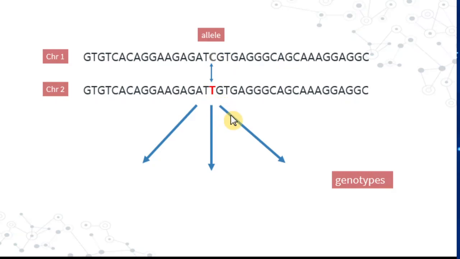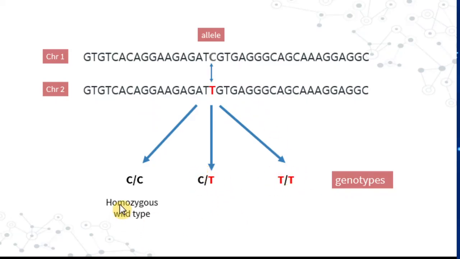So a person can either be homozygous, which means that they have two of the same allele. For example, here CC, so they can have a C in both strands of DNA, but they can also have a C in one chromosome and T in another one, and they can also have TT.